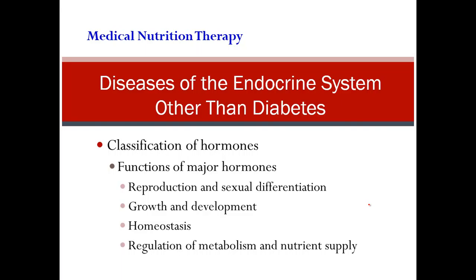Number 2, hormones responsible for growth and development. Number 3, hormones responsible for the homeostasis of the internal environment of our body. Number 4, hormones responsible for the regulation of metabolism and nutrient supply.